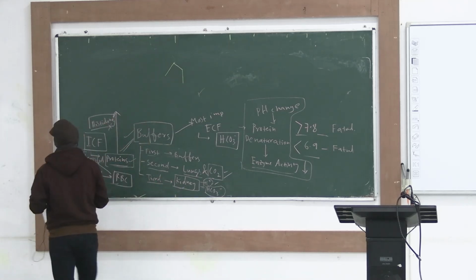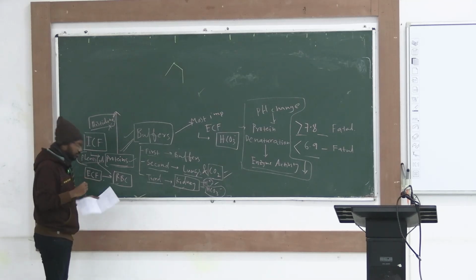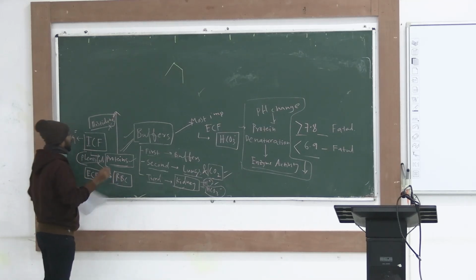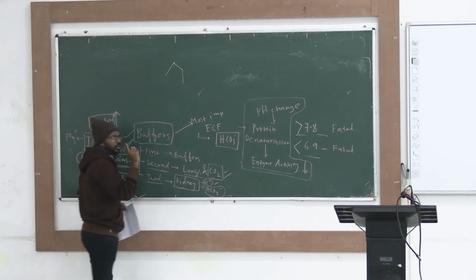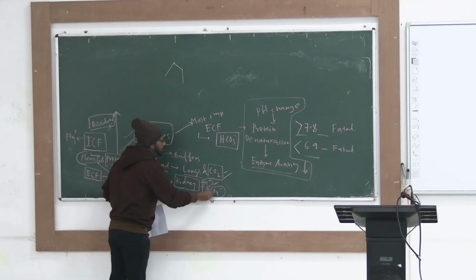And there are also other buffers. Another intracellular buffer is phosphate, and then urinary buffers. We have already seen two urinary buffers that work in the kidneys, hydrogen and bicarb.